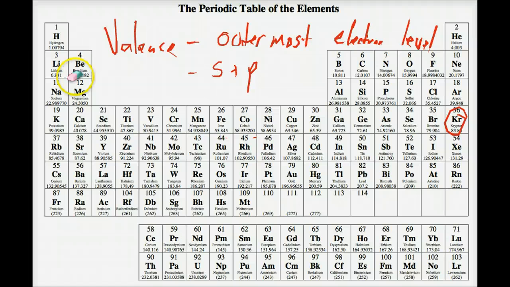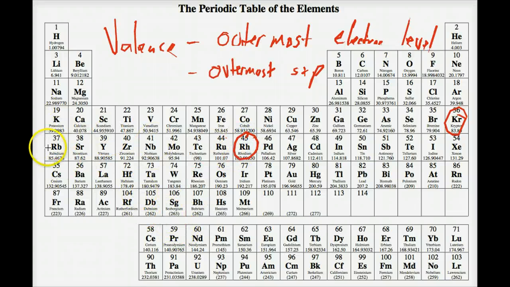And you know what? I think I want to just say the outermost S plus P. For example, if I pick anything in the center here, it has a valence electron count of 2.